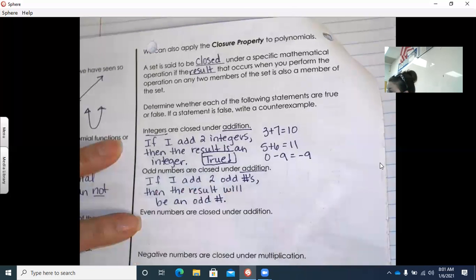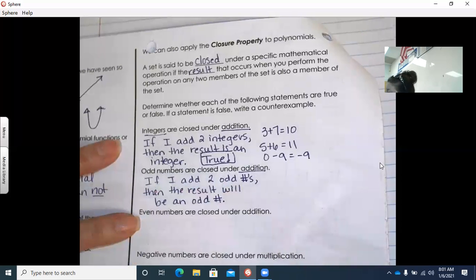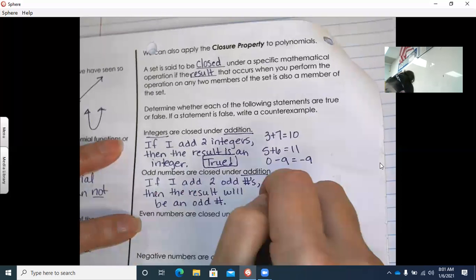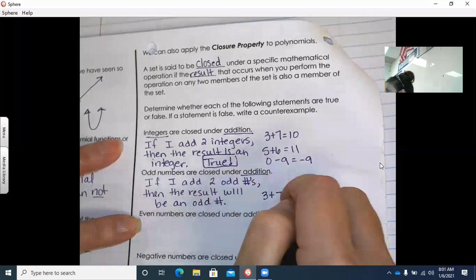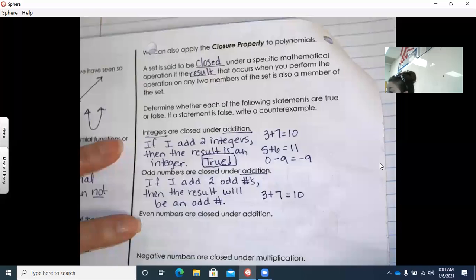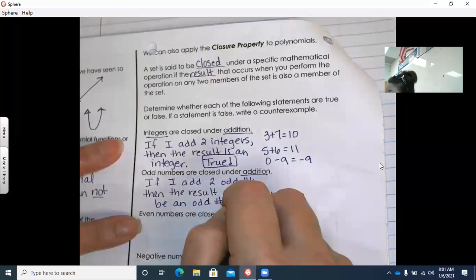Why do you say it's false? Okay, 3 is odd, plus, because it's addition, 7 is odd, and the result is 10, that is even, right? So you are correct. We would say this is false. Odd numbers are not closed under addition.